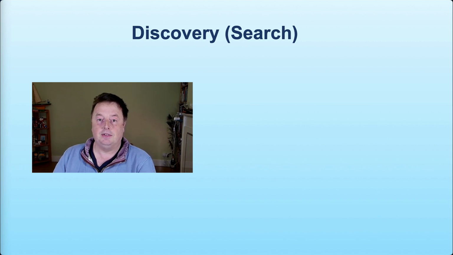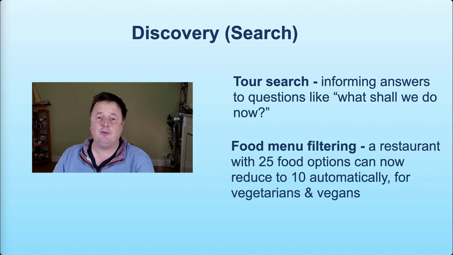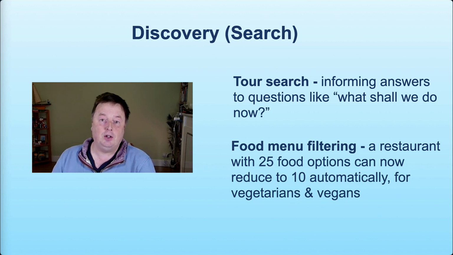Example use cases include tour search, personalizing answers to questions like "What shall we do now?" and food menu filtering. A restaurant with 25 food options can now reduce to 10 automatically for vegetarians and vegans if they have digital menus.